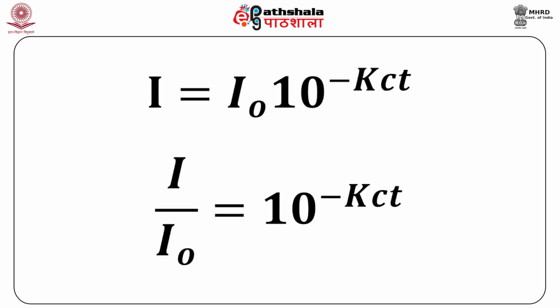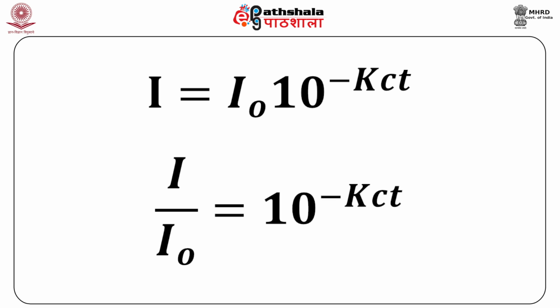Converting the natural logarithm to base 10, capital K should be equal to k into 0.434. This gives I is equal to I₀ into 10 raised to the power minus KCT.